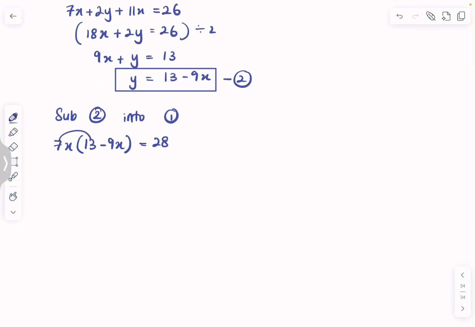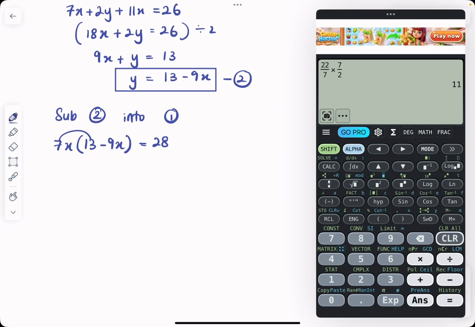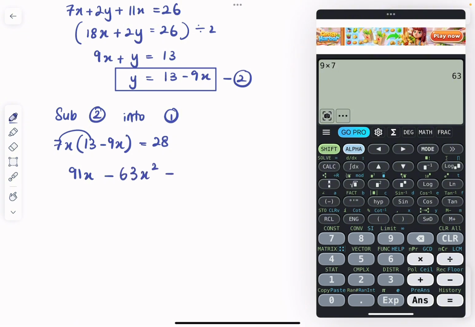And we expand. 7 times 13 is 91. 9 times 7 is 63, x square, minus 28 is 0.